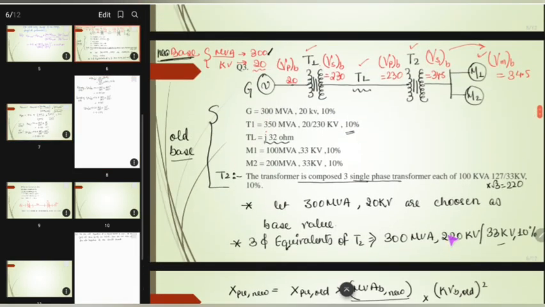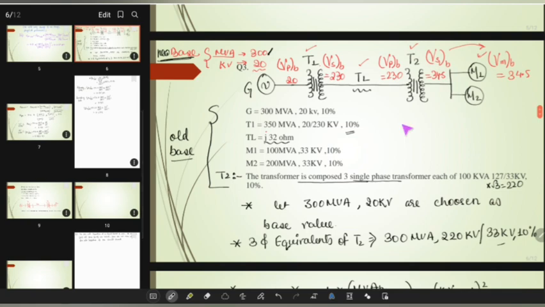Now what will be the new per unit impedance for M2, the second machine? So the old per unit impedance is 10%, that is 0.1 into new MVA base value is 300. Old MVA base value is 200 into what is the old kV value?